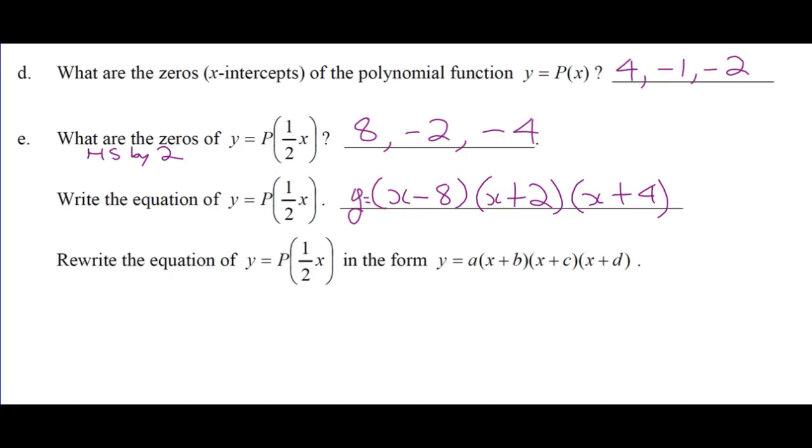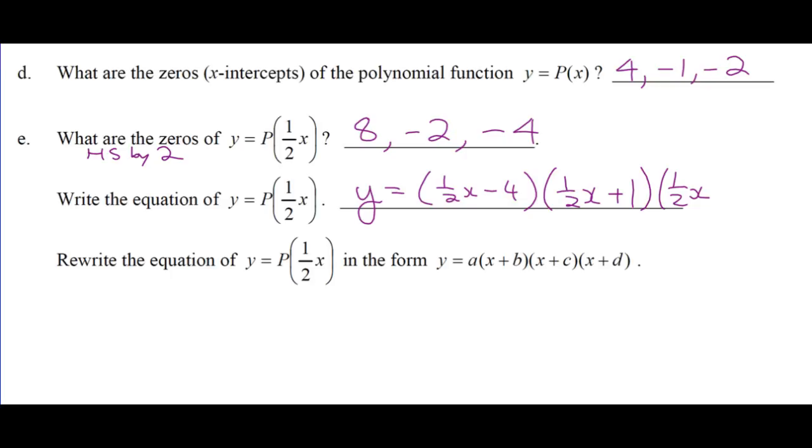So we can't really write it like this because now we're changing things we shouldn't be changing. So we need to go back and rethink this and say, well, everybody's seen x, I'm going to write 1/2 x, right? It's p of 1/2 x. That says wherever you see x in the original, you write 1/2 x. So it's a 1/2 x minus 4, a 1/2 x minus 1, or plus 1, and a 1/2 x plus 2.